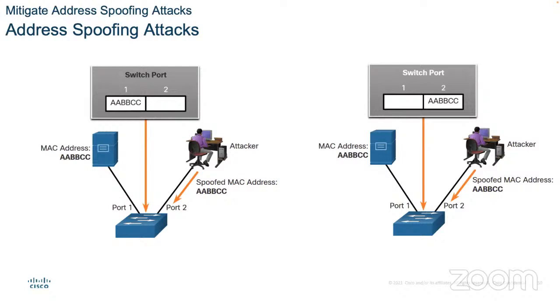IPSG looks not just at ARP, but at every packet. It also requires DHCP snooping to be enabled. So if you are thinking of overall protection for your network, then IPSG is the better way to go.